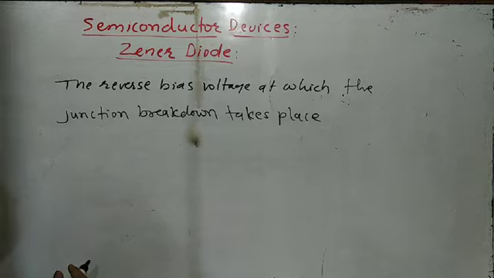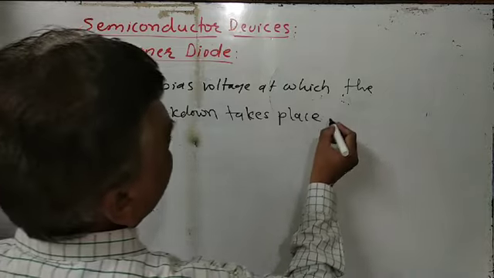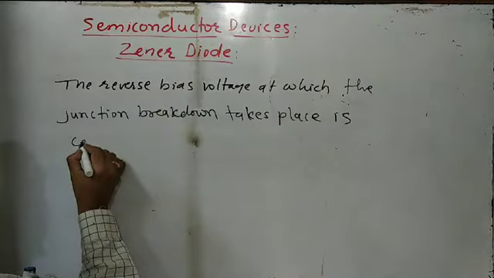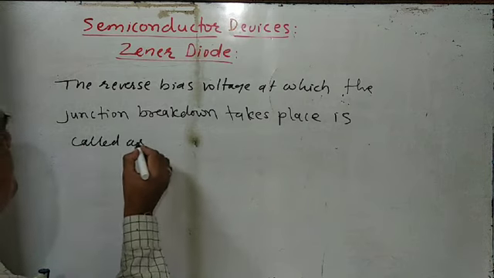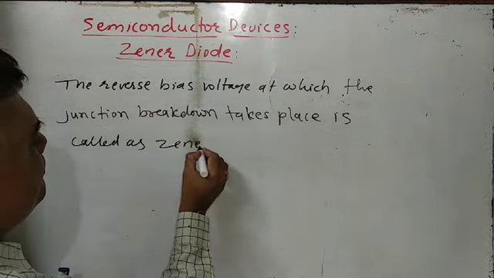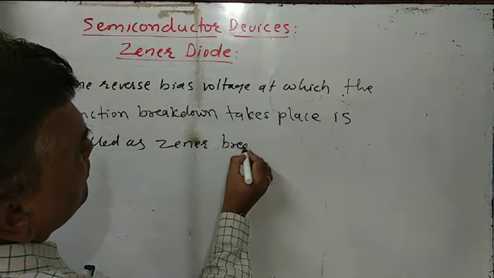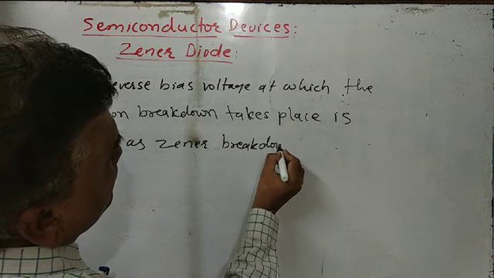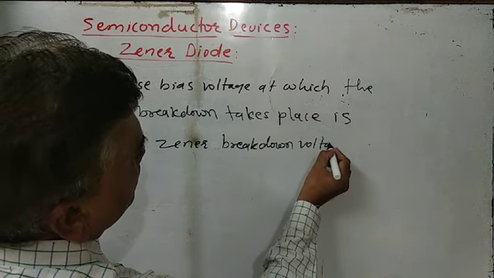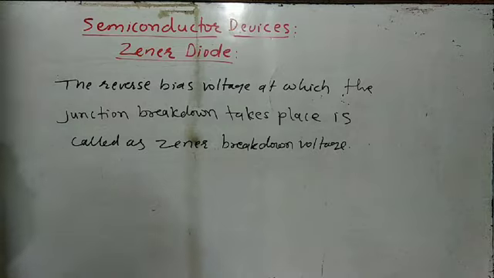The reverse bias voltage at which the junction breakdown takes place is called the Zener breakdown voltage.